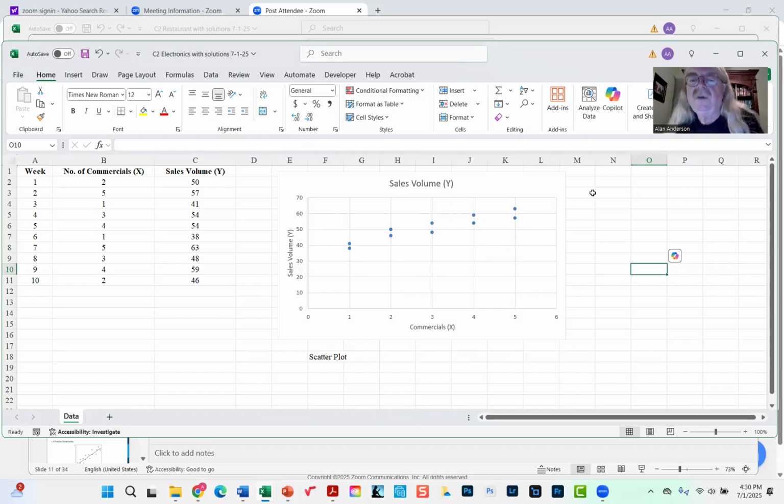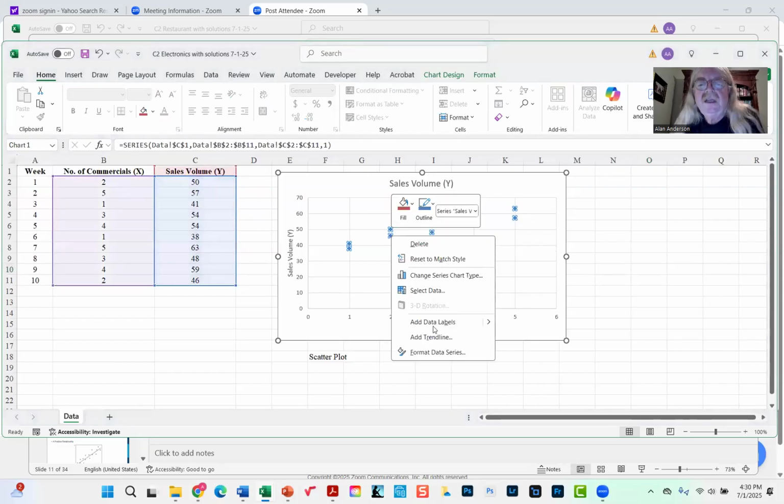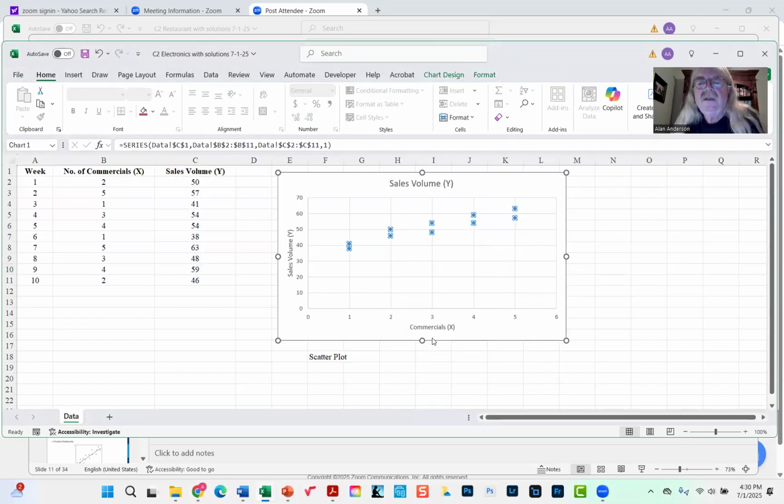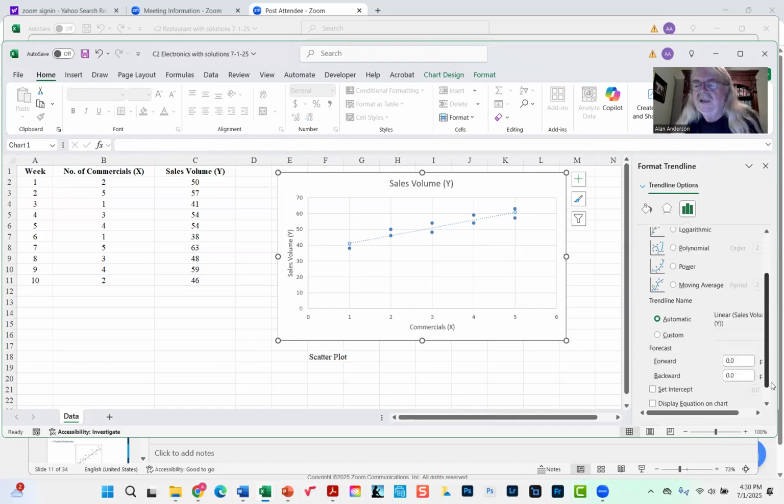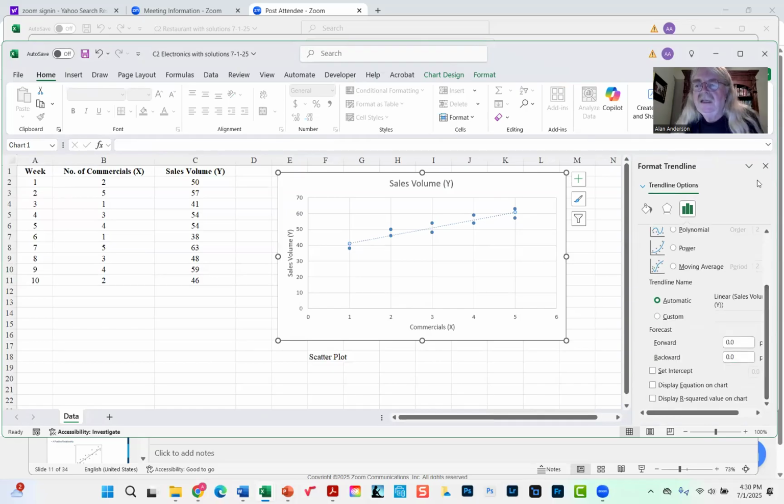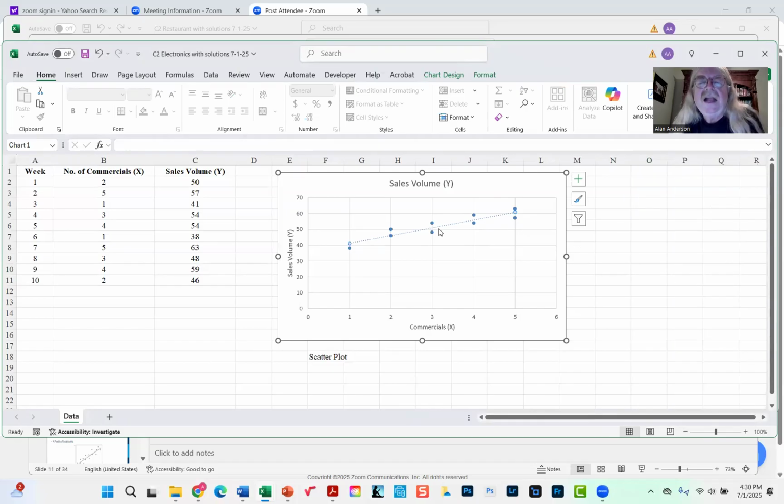How does this help us? Well, among other things, it helps us visualize if there is a connection between the two variables. So now I'm going to introduce what's called a trend line to this graph. And the trend line is a line that gets as close as possible to all these points. If I right click, add trend line, well, that was easy. There it is. And now here's what we're after.